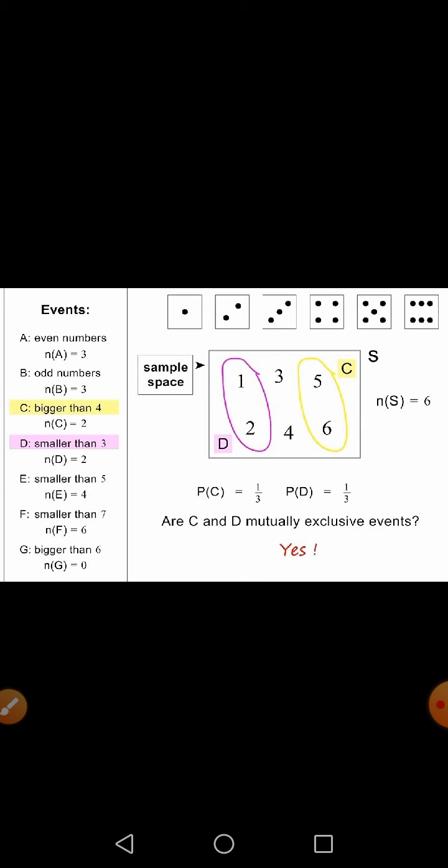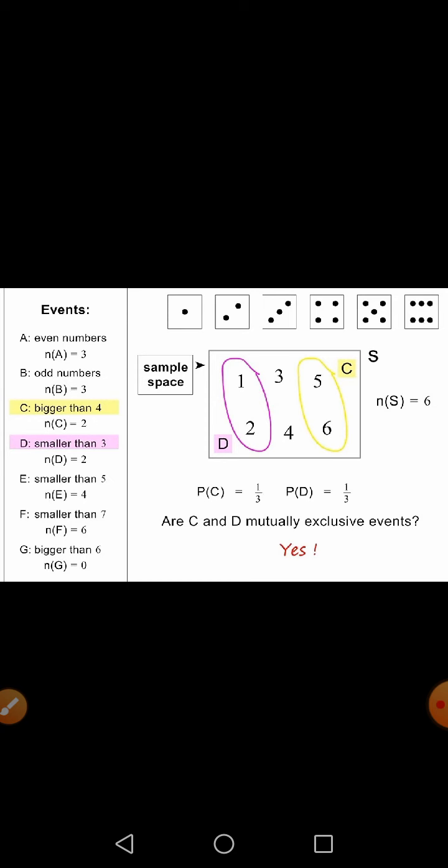Here, in the events of C and D, P(C) is a third and P(D) is a third. Are C and D mutually exclusive events? Which means if I threw a dice and I got maybe 2, can this number be bigger than 4 and smaller than 3?